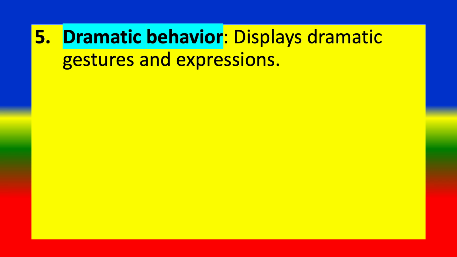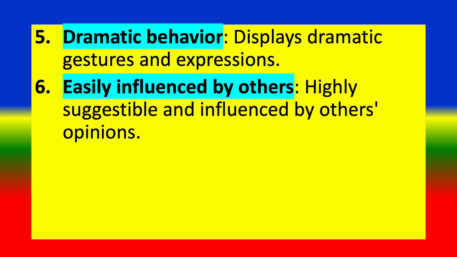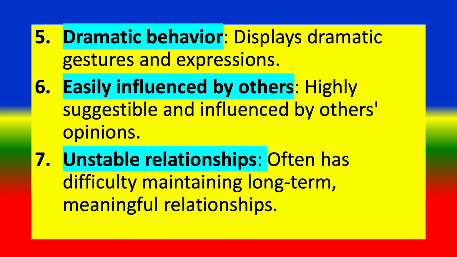Five, dramatic behavior, displays dramatic gestures and expressions. Six, easily influenced by others, highly suggestible and influenced by others' opinions. Seven, unstable relationships, often has difficulty maintaining long-term meaningful relationships.